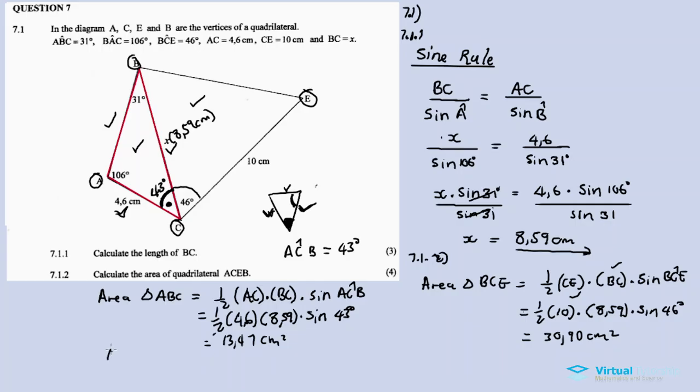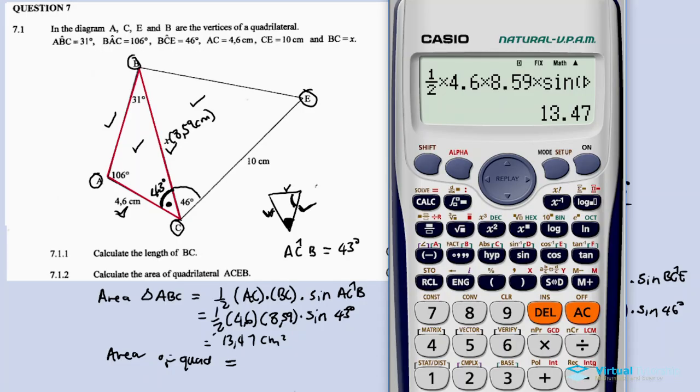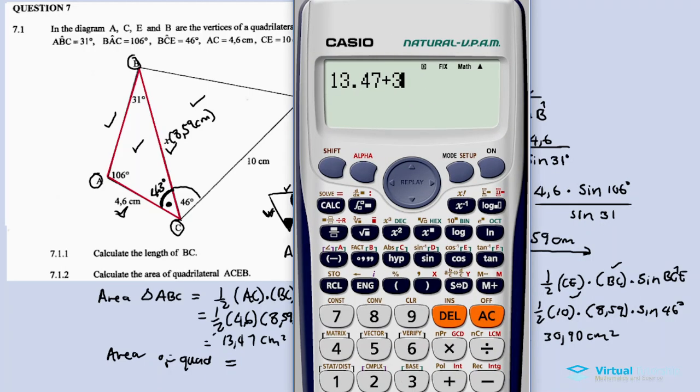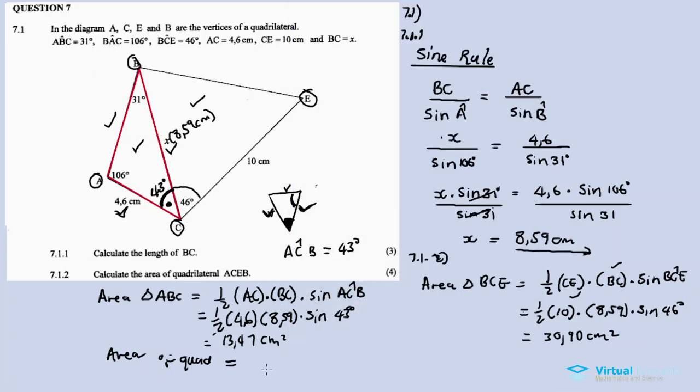Therefore the area of the quadrilateral is equal to 13.47 plus 30.90, which is equal to 44.37 square centimeters. This is the area for the quadrilateral.